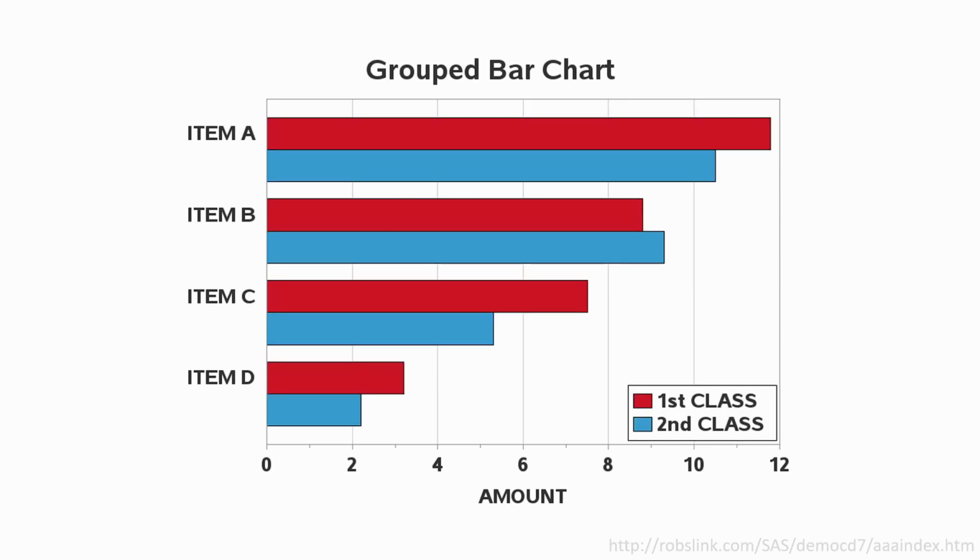And here is a grouped bar chart, which allows us to display a relationship between 2 variables. Again, we have amount on the bottom, and item A, B, C, and D, but for each item we have 2 bars, demonstrating the value for the first and second classes. Let's substitute some actual variables in there so this makes more sense.